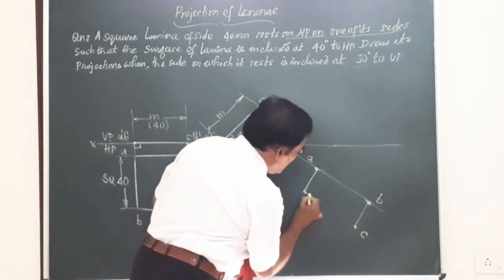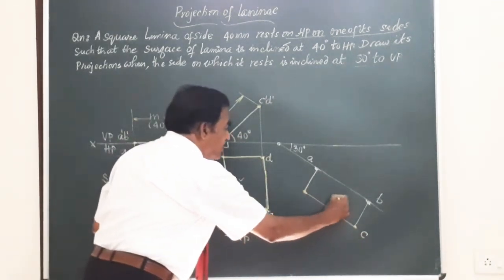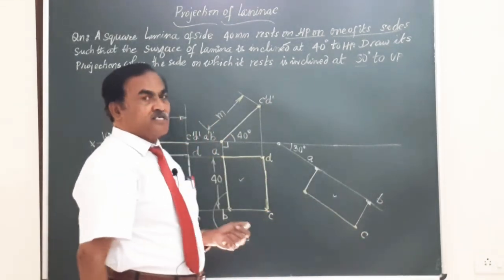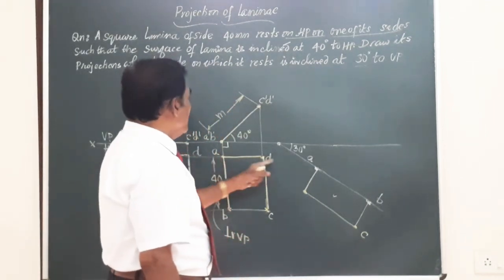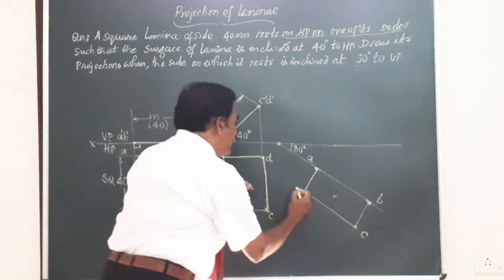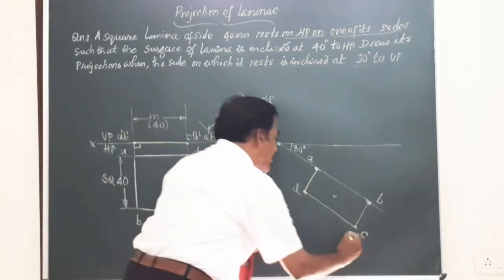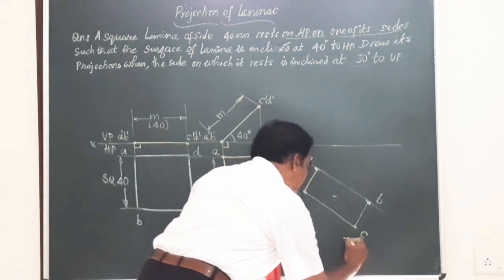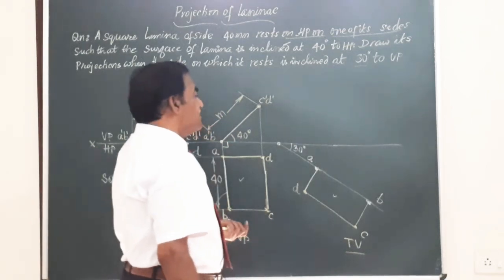Friends, here I have redrawn this figure with AB, the edge which is resting on the HP, at an angle of 30 degrees to VP, and we get this rectangle here. So this is the final top view which I marked as TV. TV is the top view in the final position.